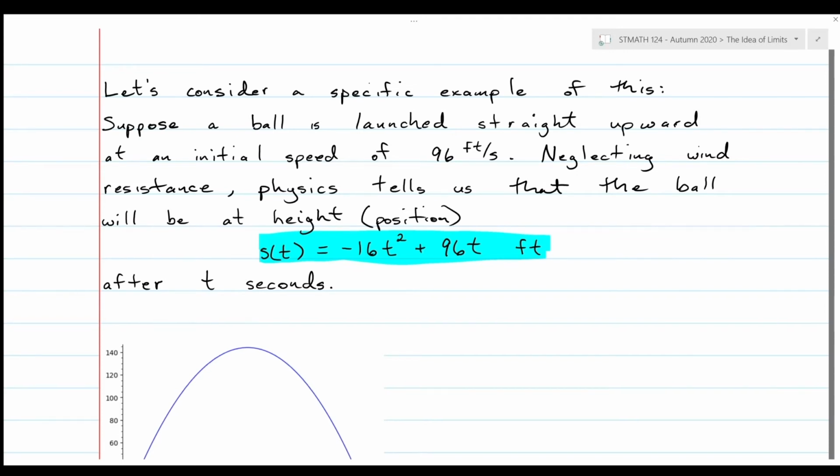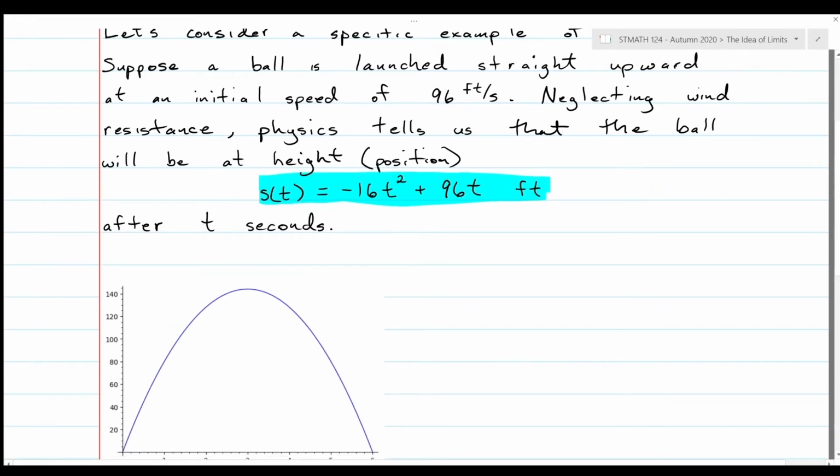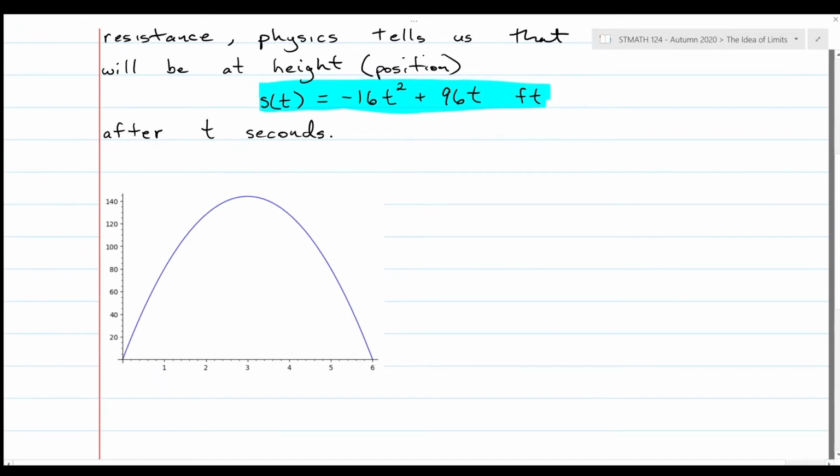So I took the liberty of graphing that function here. And it's a parabola. The graph is telling you the object starts at height 0, and then as time increases up to 3, it's going upward, and then at about 3 seconds, it starts coming back down again. This is our position function.